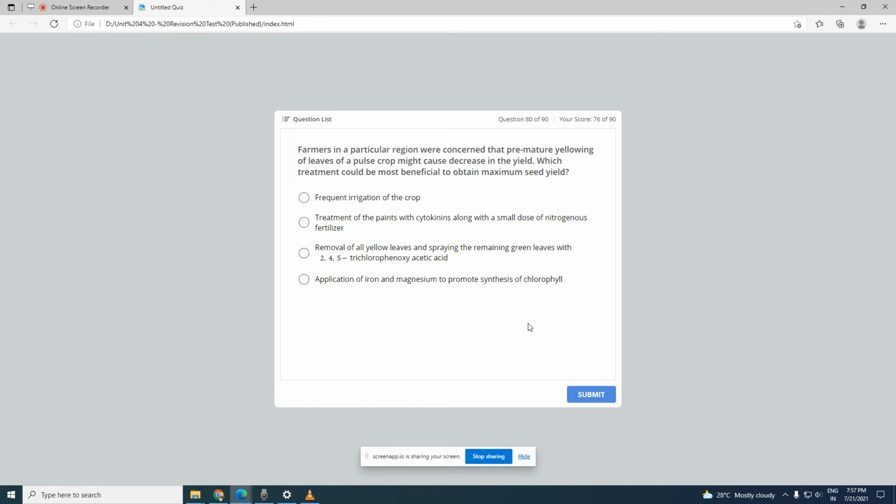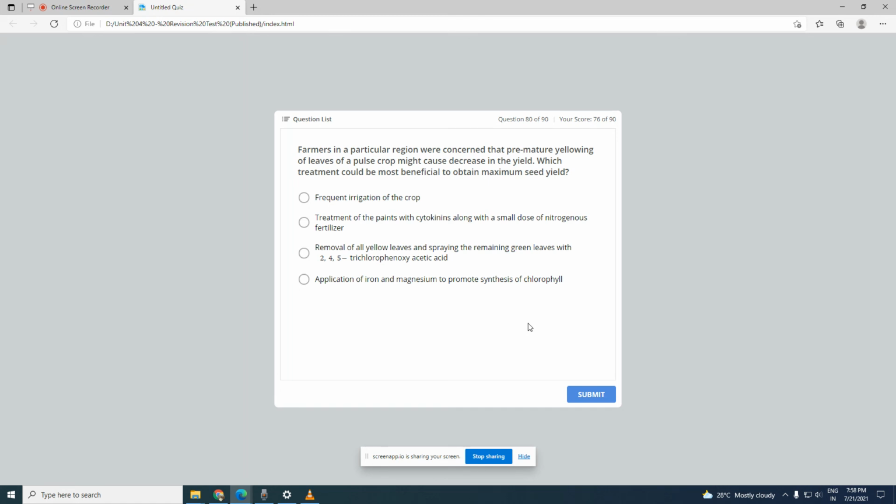The question number 80. The farmers in a particular region were concerned that premature yellowing of the leaves of a pulse crop might cause a decrease in the yield. Which treatment could be the most beneficial to obtain the maximum seed yield? Option A, frequent irrigation of the crop.